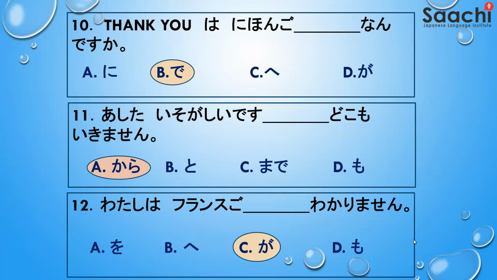Sometimes you may have option は even that is correct for negative. わかります takes always が particle, but when you're saying negative わかりません, 私はフランス語はわかりません。That is also okay. フランス語がわかりません。は particle option is not here.